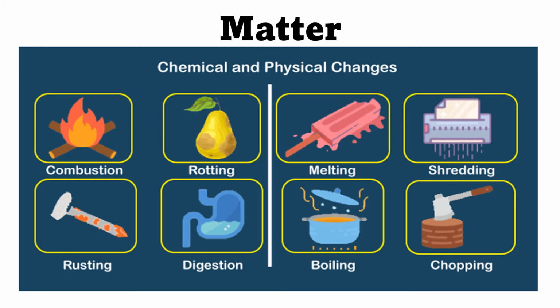Some examples of physical changes, as seen on the screen, are ice melting to water and food being cut into smaller pieces. Some examples of chemical changes include fermenting of grapes to make wine, digestion of food in the body, combustion, and rotting. All are examples of chemical changes.